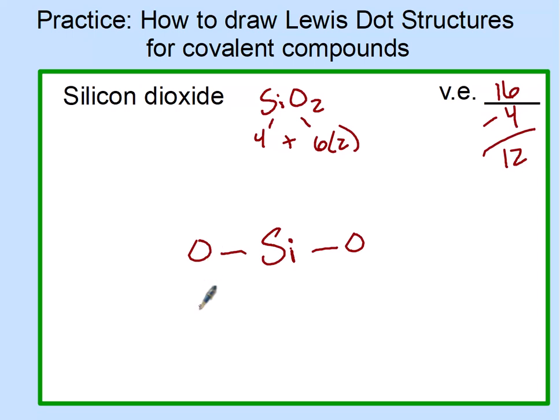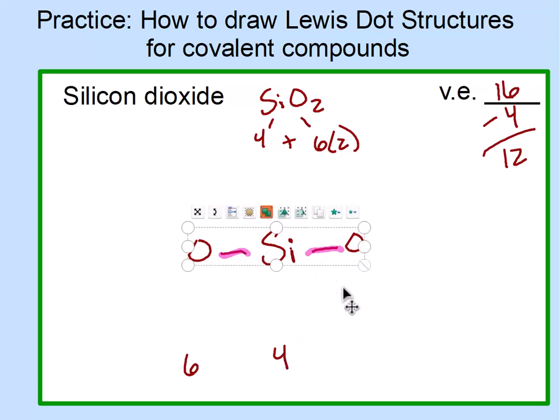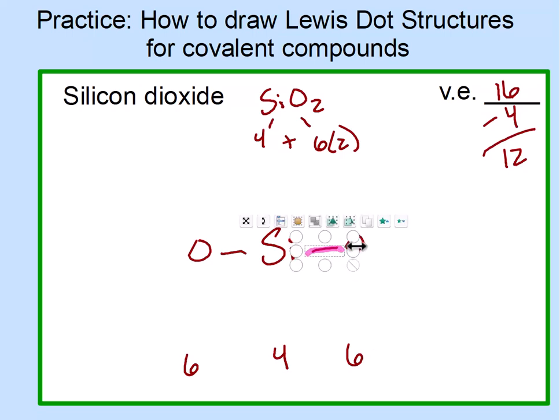And then this oxygen still needs 6 because again it has 2. 2 minus 8 needs 6. Silicon has 2, 4, so silicon still needs 4 electrons. And that oxygen still needs 6 because it has 2 electrons with that lone, bonding pair of electrons.